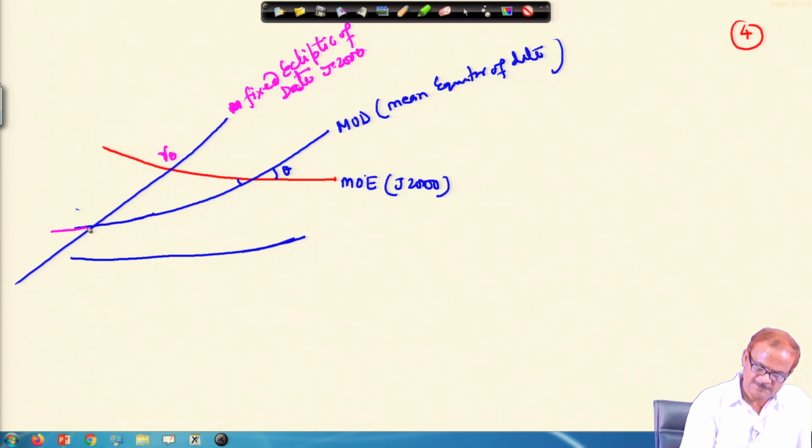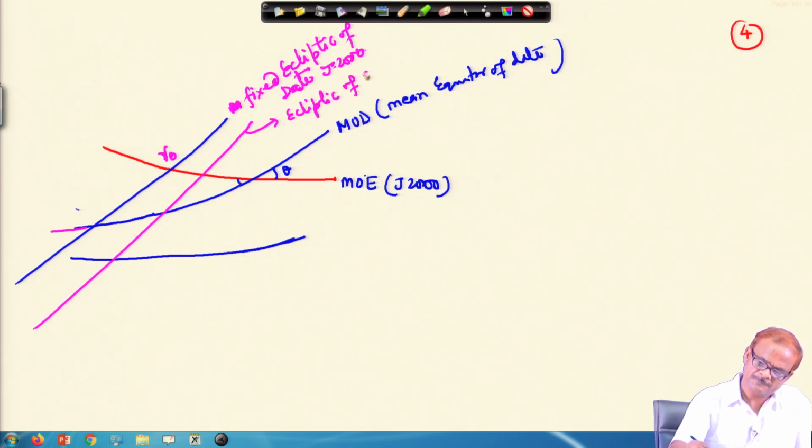So, this is point gamma 0. Thereafter, this is converted here, and then again we have the ecliptic of date. Once we have got the ecliptic of date, here we get the point gamma, and the angle between these two we are writing as epsilon bar.